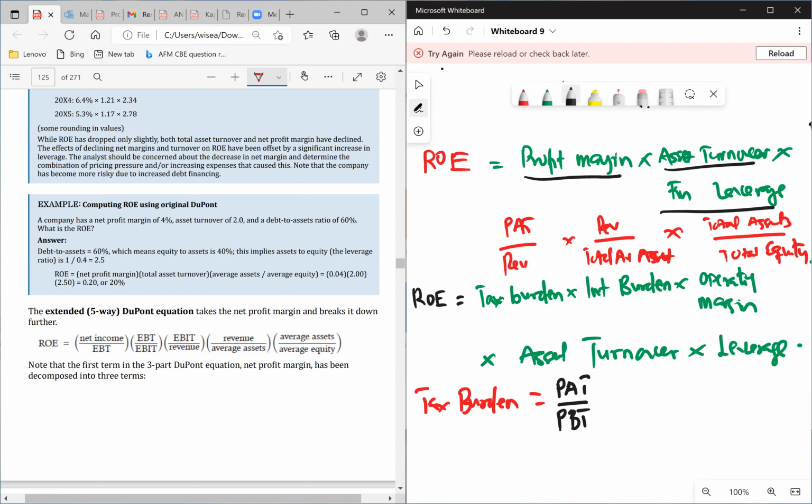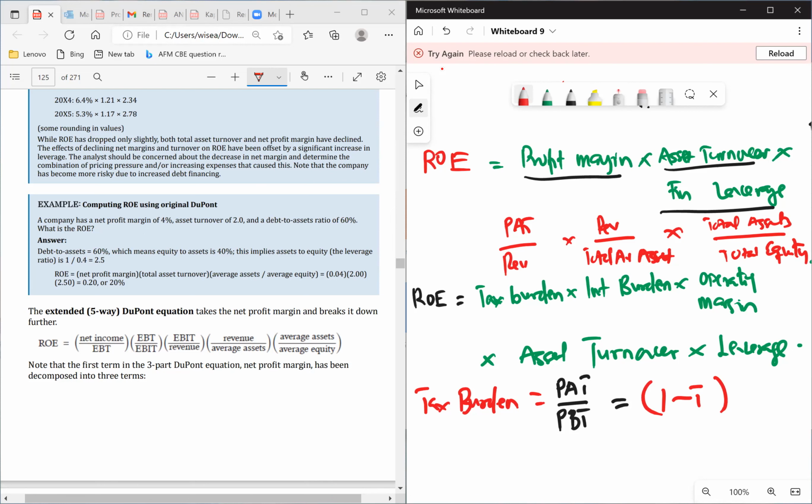So the more tax you pay, what will be the impact on the ratio? The lower your ratio, right? Remember that the tax burden can also be computed as 1 minus the tax rate.